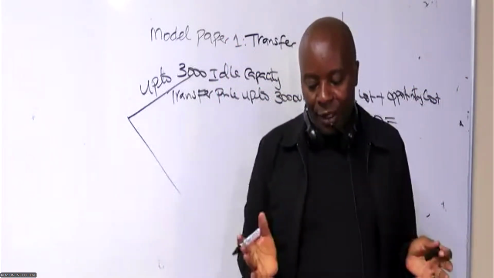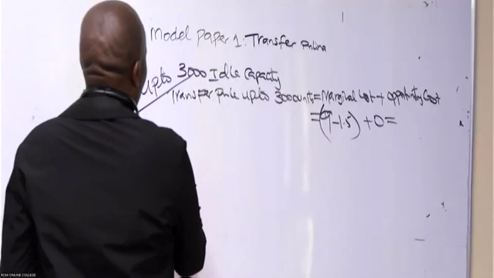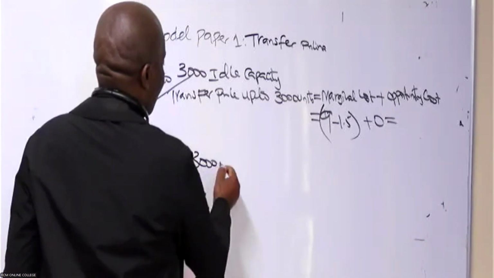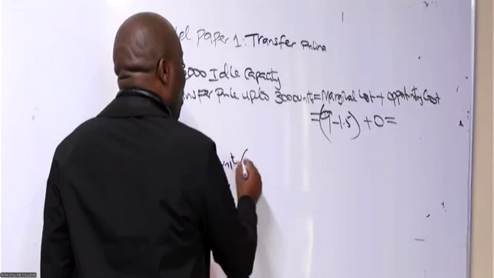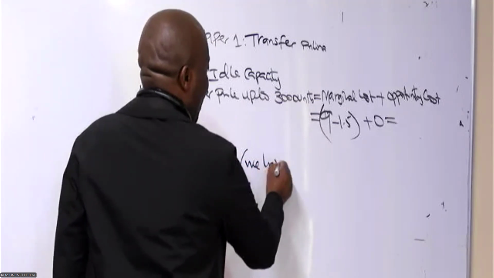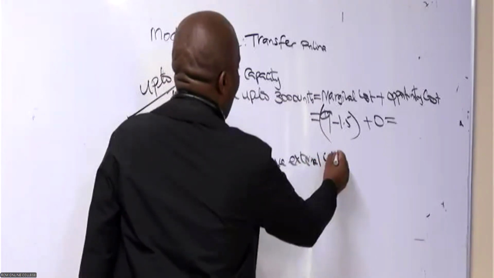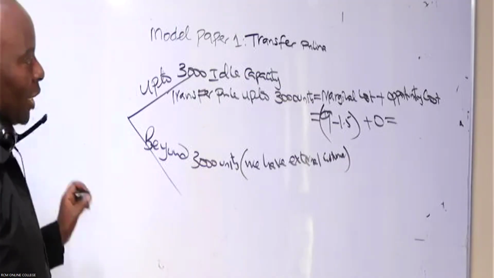But should we decide to go beyond 3,000 units, remember we then have external customers. Don't forget that it is only up to 2,000 that you don't have customers.